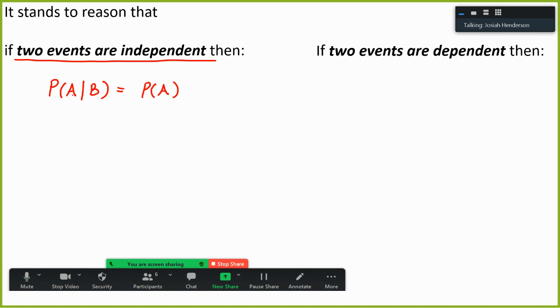Think about the shirts, you picking out a colored shirt and someone else picking out another color shirt. For this instance, those don't have any effect on each other.